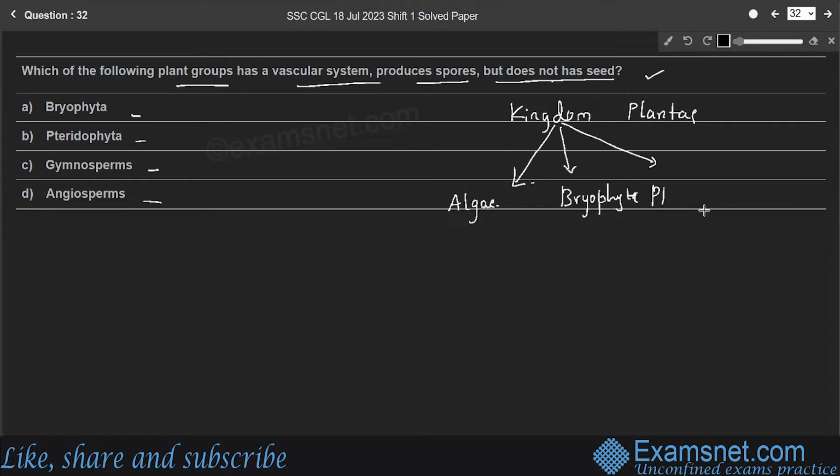Pteridophyta, Gymnosperms and Angiosperms.